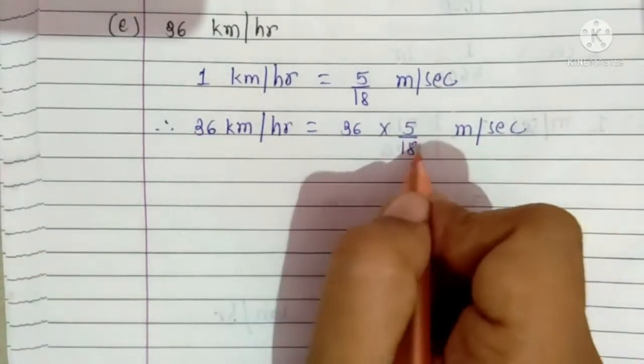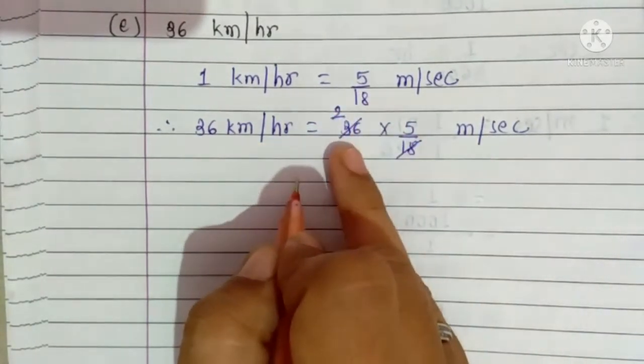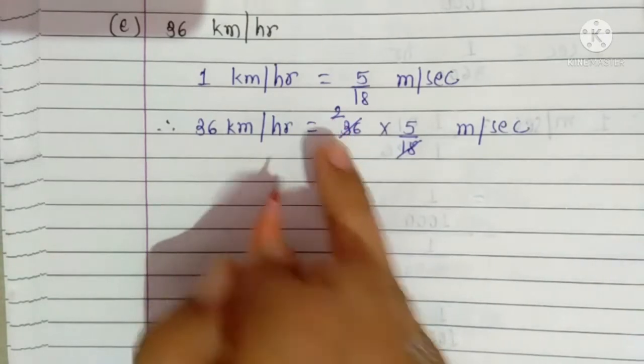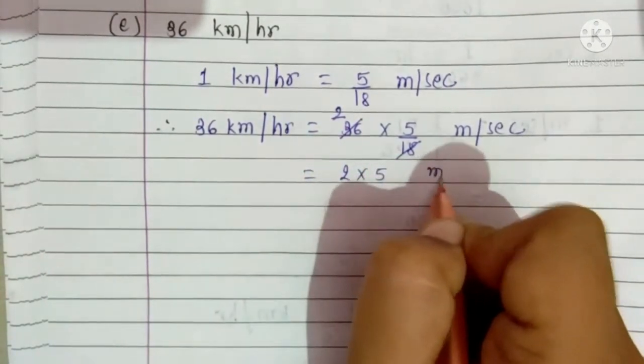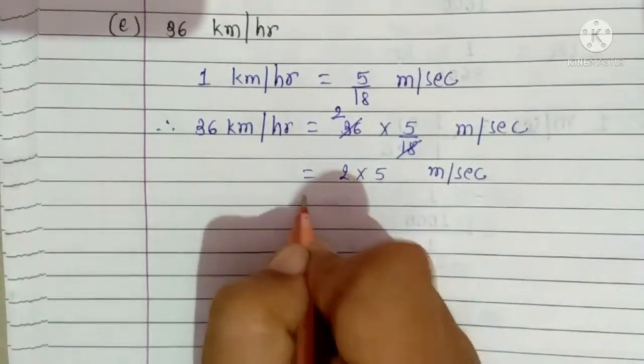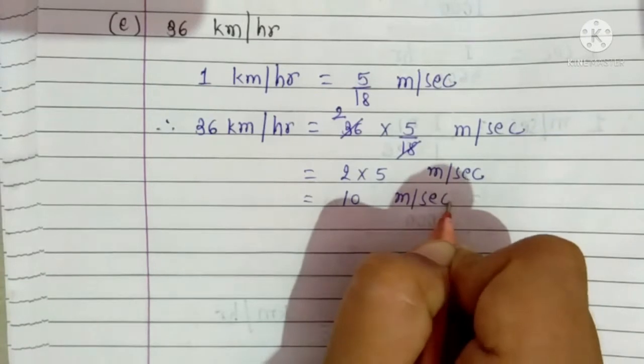But we know that 18 2s are 36. So हमने 36 को 18 से डिवाइड किया तो क्वेश्चन मिला 2. So 2 multiplied by 5 meter per second and this is equal to 10 meter per second.